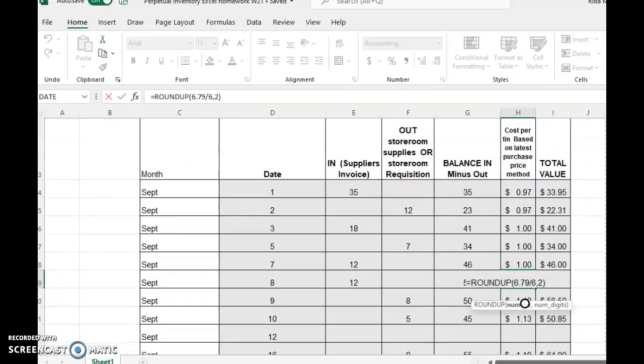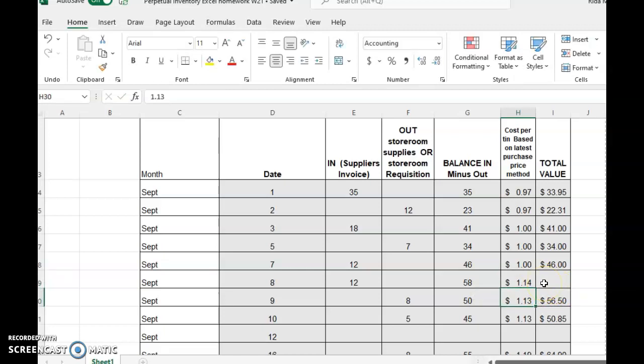Yep. So we get 114 as our value. So if we multiply 58 times 114, we get 6612 as our total value.